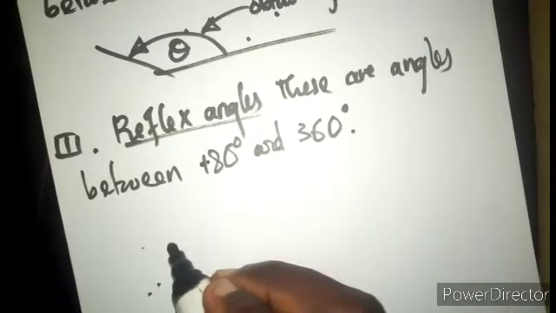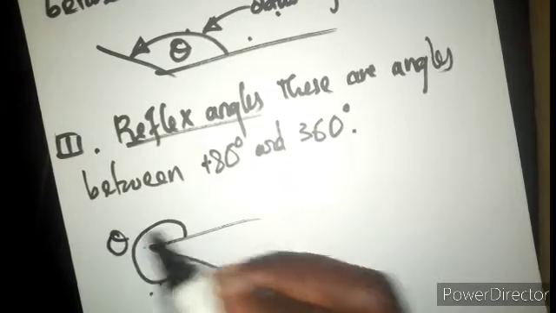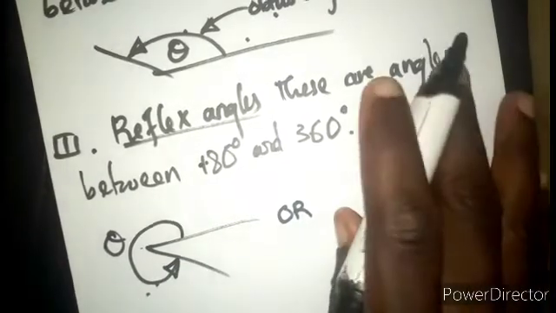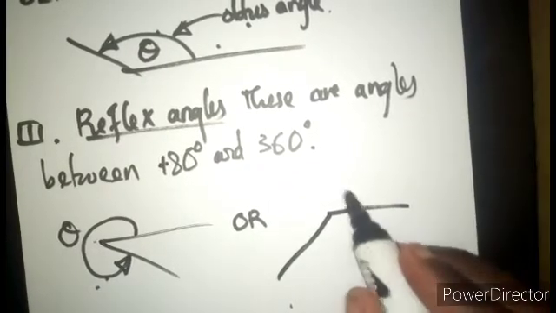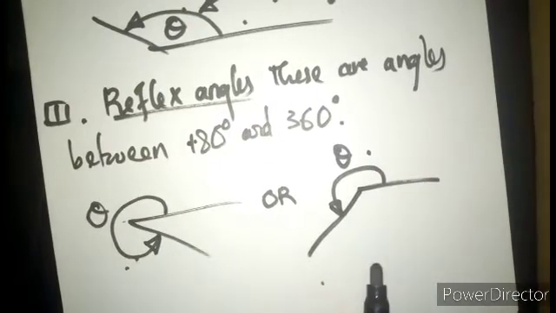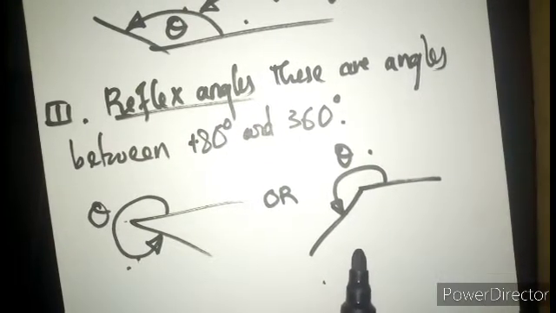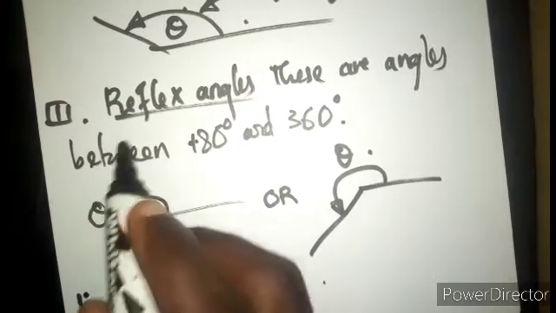You may have one like this, theta, or we can have this theta. These are the two possible types of reflex angles.